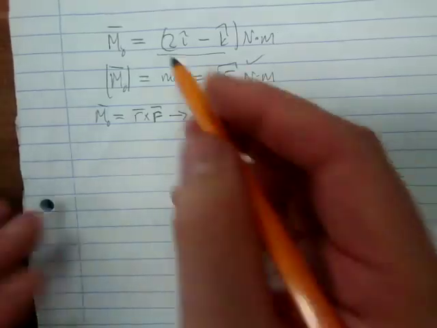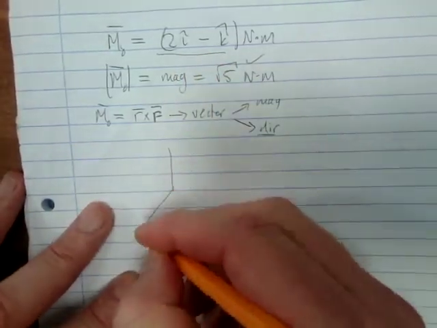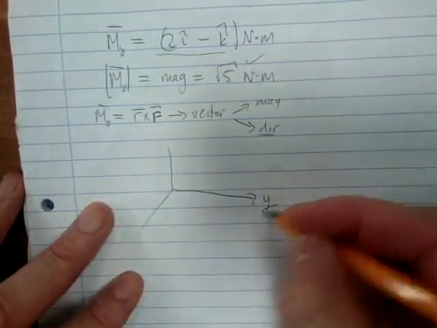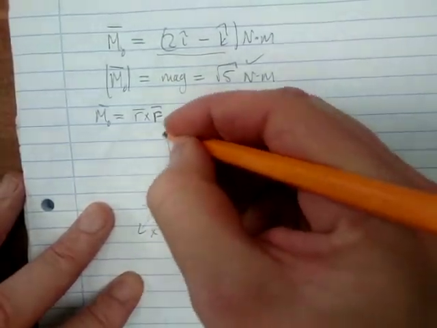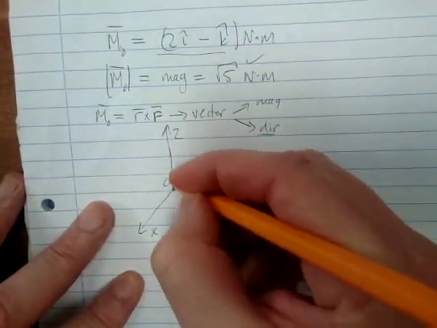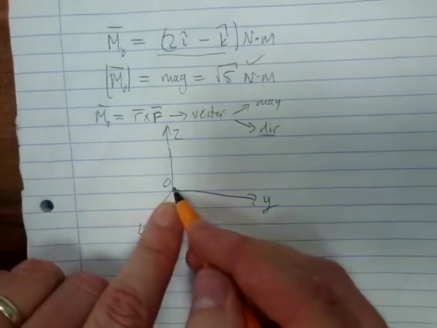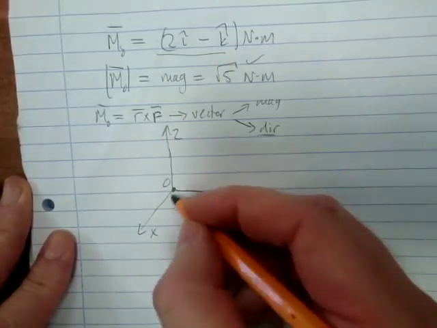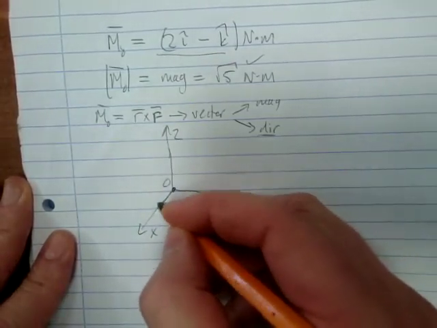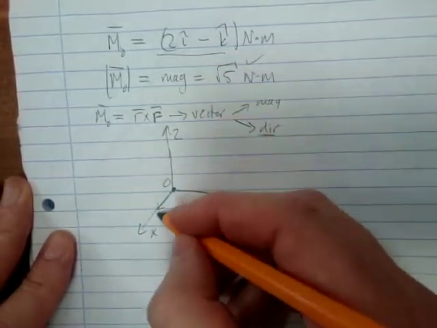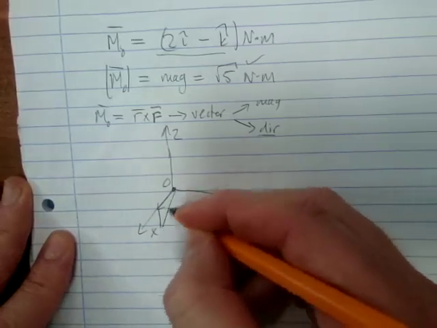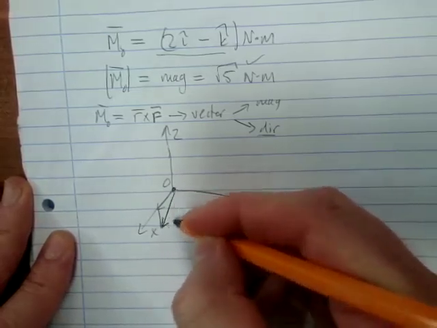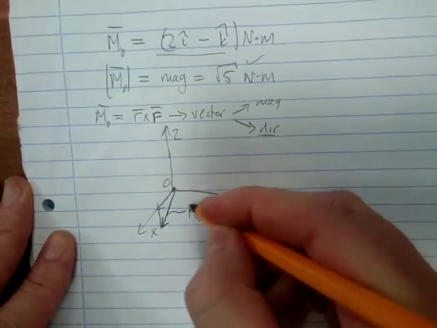Guys, it's a straightforward vector. If there's my y, x, z, and there was my point O, right? My point O, our rotation. Then, in this case, I go 2 in the x direction and minus 1 in the k. So now, there's my vector, there's my MO vector.